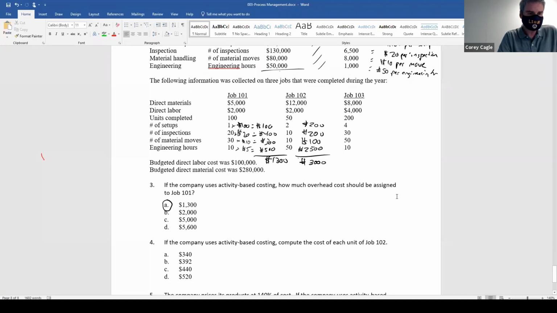Said compute the cost of each unit. You gotta pay attention to what they say. 50 units in there. So 60 for overhead.